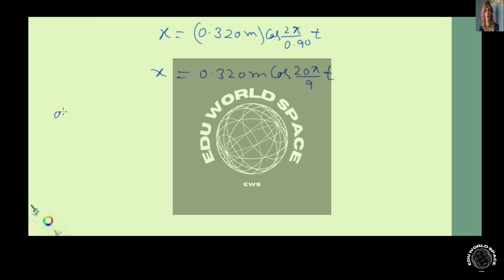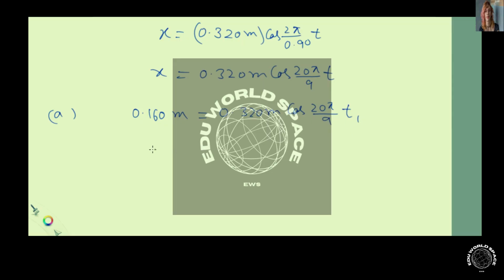Now, in the first part of the problem, we have to find the time taken by the particle to come back from the position 0.320 meter to 0.160 meter. So the instantaneous displacement x is 0.160 meter, equal to 0.320 meter into cosine of 20 pi by 9 into t1. Let this time be t1.